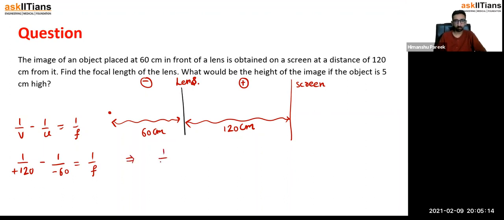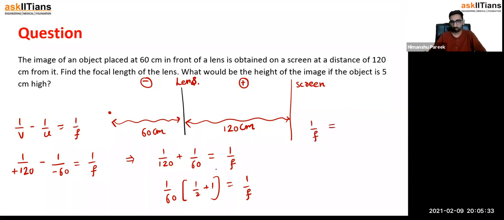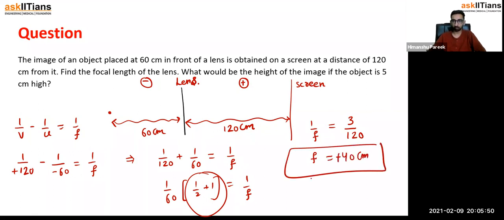You are getting 1 by 120 plus 1 by 60 is equal to 1 by F. And that would give us, taking 1 by 120 common, 1 plus 2, which will make equal to 1 by F. So 1 by F is equal to 3 by 120, and that would give us focal length equal to 40 centimeters, and that too is a positive answer. So positive answer means this lens is convex.